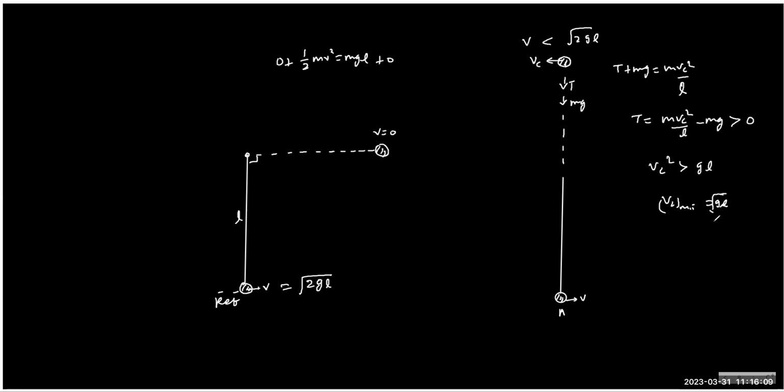For all numerical calculations, we take roughly root GL. This is the condition for circular motion. So the minimum is root GL. If we need some kinetic energy here, we have to impart more than the potential energy. So V minimum turns out to be root 5GL. Is this clear?